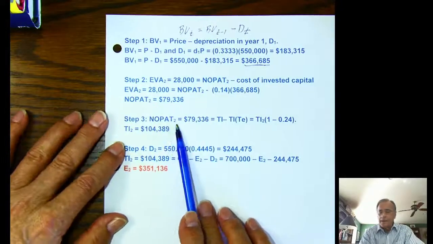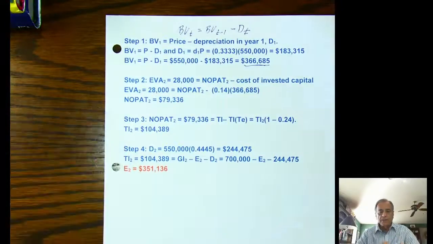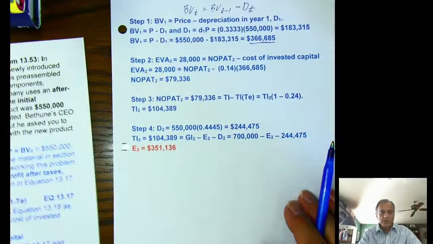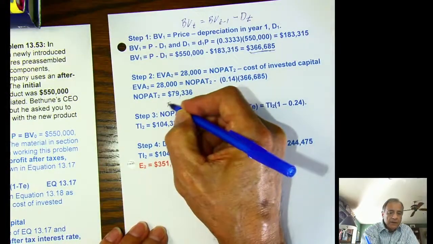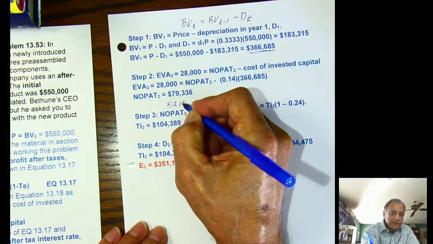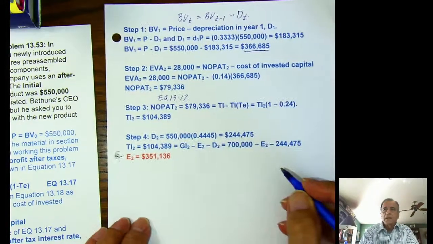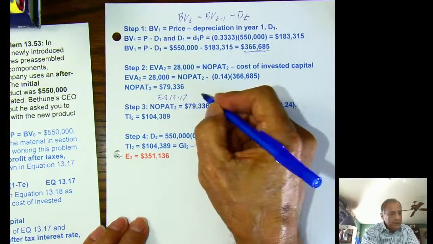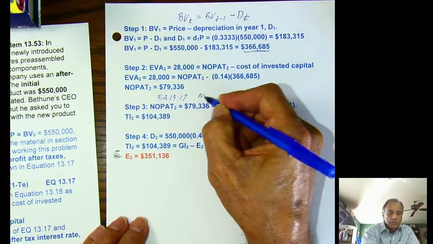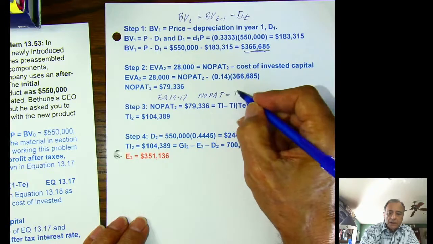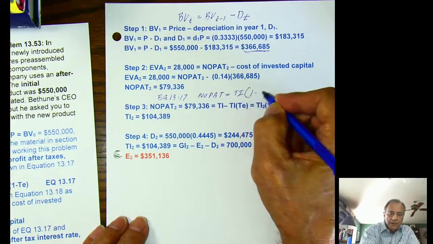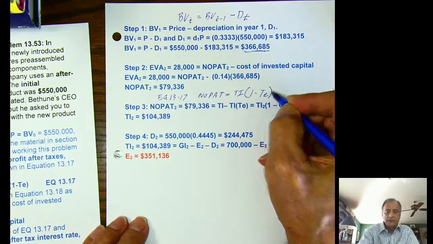NOPAT then equals, again, going back to equation 13.17, maybe I should write it there. It says NOPAT equals TI, taxable income, times 1 minus the effective tax rate.